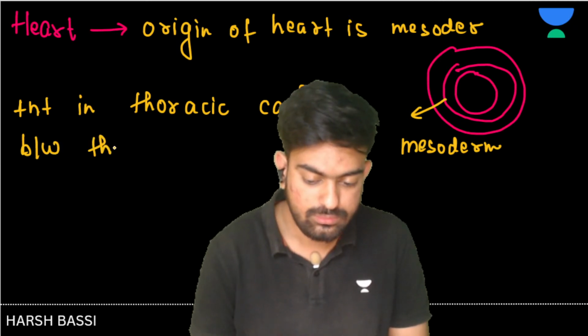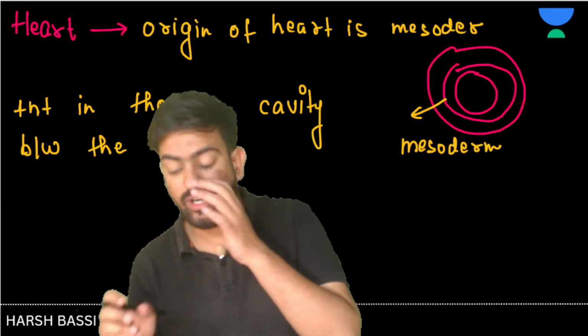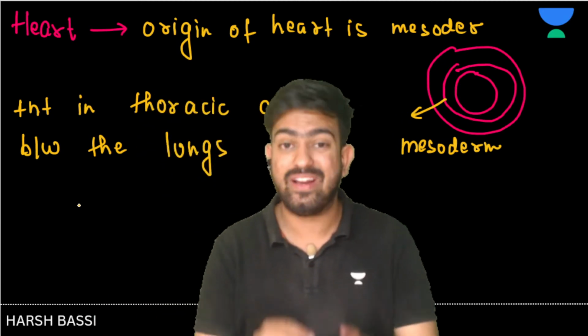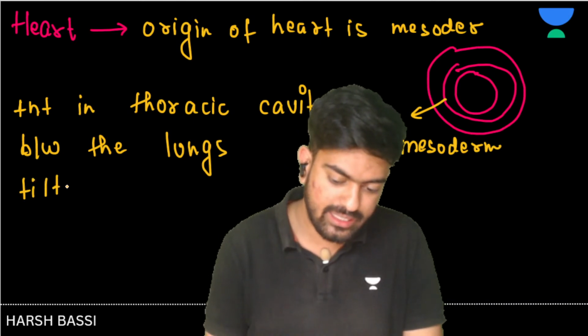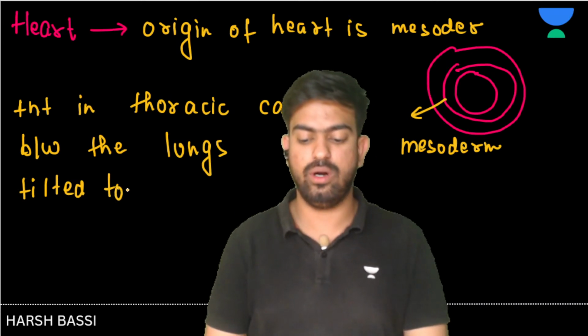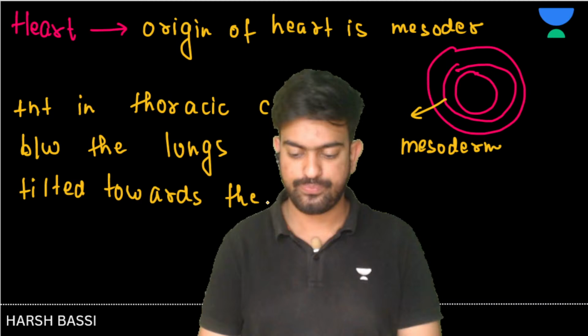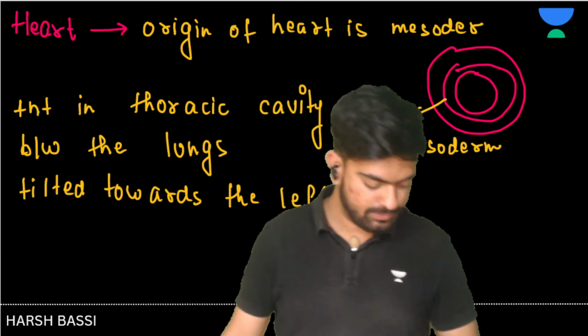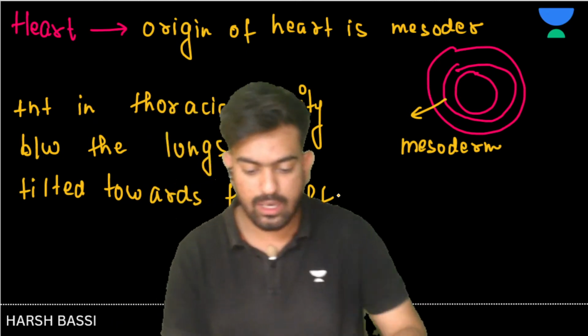Yes or no? Between the lungs. And do you know that our heart is tilted towards the left? Yes, exactly, Roy. The heart is tilted towards the left. Clear to everyone? Okay. Now see.